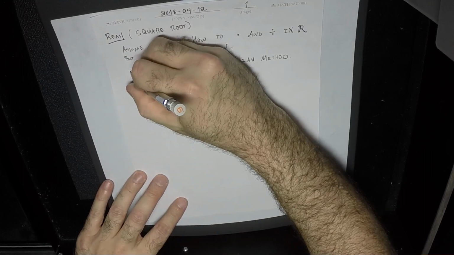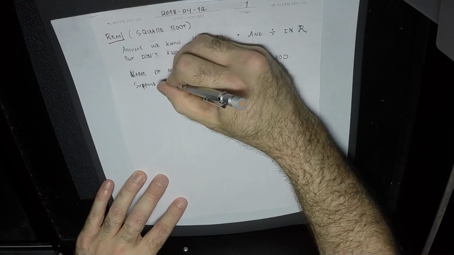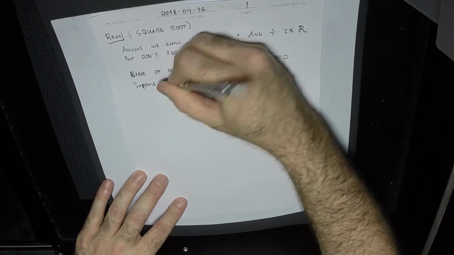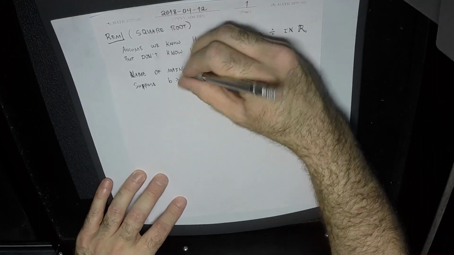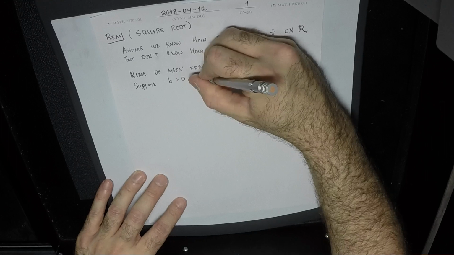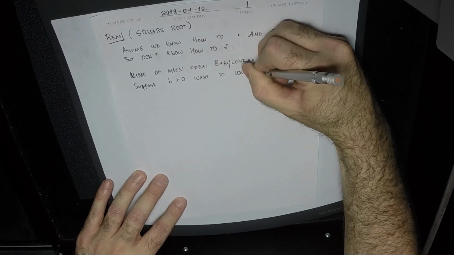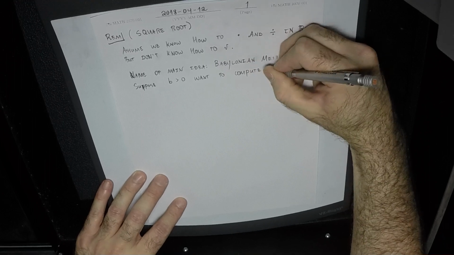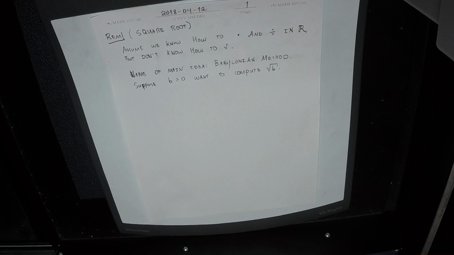Okay. So suppose that we have some number b, and it's more than 0, and we want to compute the square root of b.